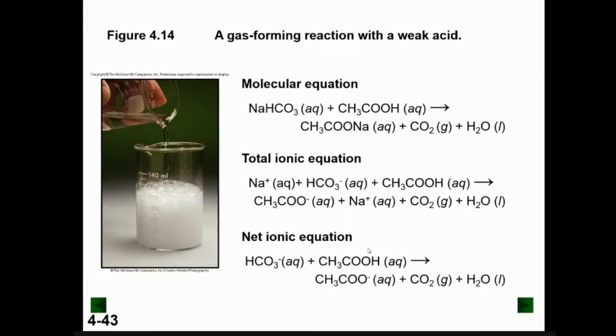Now, in some acid-base scenarios, one that you're pretty familiar with, you mix an acid with a base and it produces carbon dioxide and water. In this example, the NaHCO3 is what we call baking soda, and the CH3COOH is called vinegar. You might have done this reaction as a kid with volcanoes.